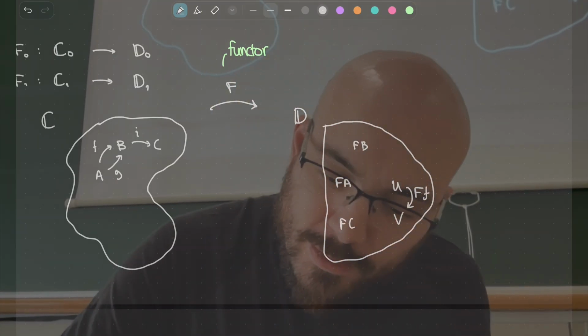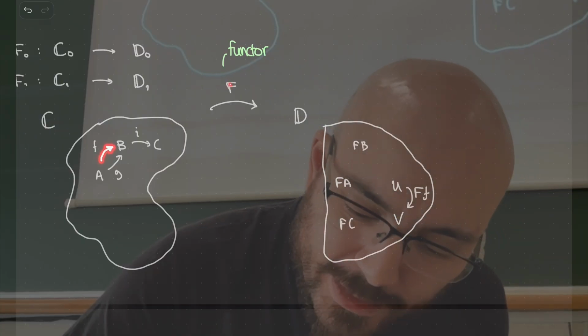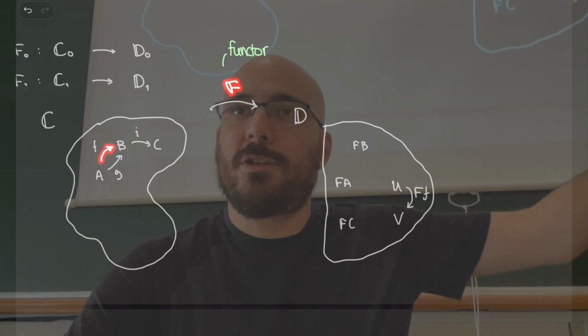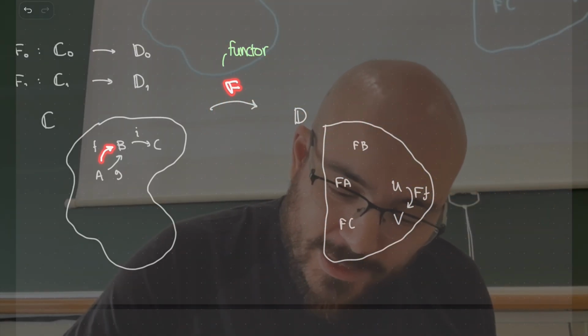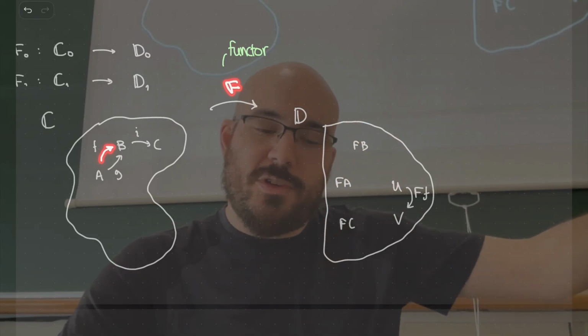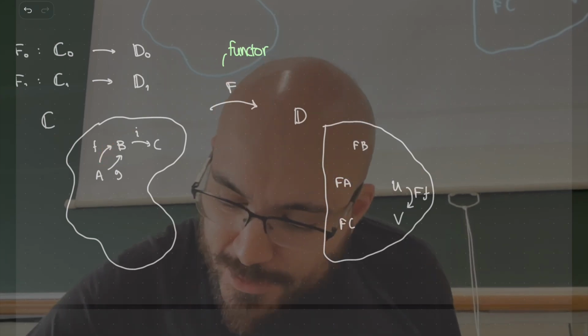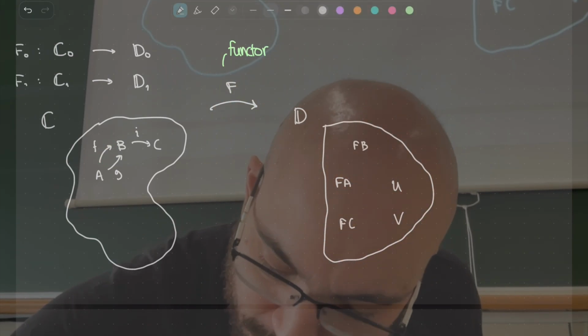Since little f connected A to B, consider the big F to be a translation of C inside D. Whatever arrow little f becomes, it should go from the translation of A to the translation of B, so this is out. It should be like that.